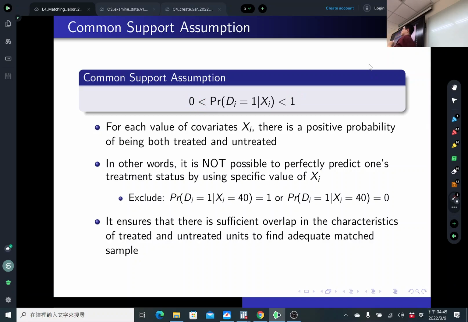We need this because, for each value of the covariate X, there must be a positive probability of being treated and untreated.